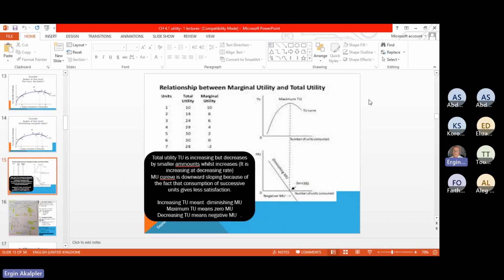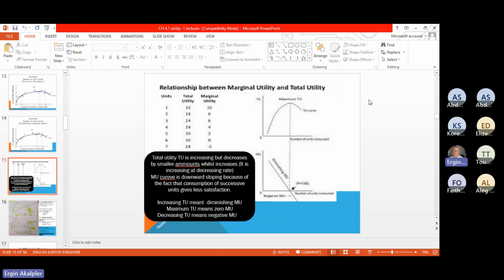And for the fifth, 30 minus 28 gives 2. Because you are going to divide each time by 1, because marginal utility is delta U over delta X, and delta X, 2 minus 1 is 1, 3 minus 2 is 1, 4 minus 3 is 1 always. Therefore, I don't use this. And this will then give this curve.